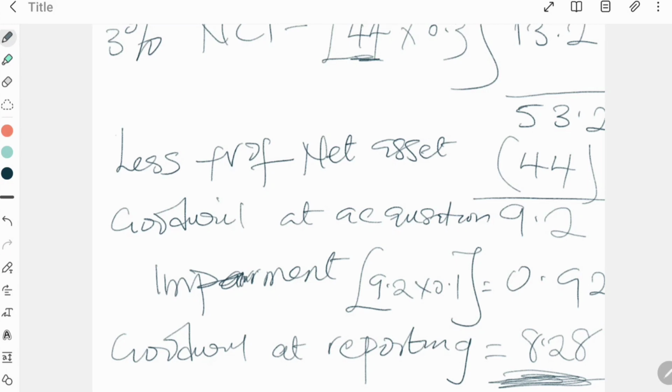That is why the selling entity cannot report goodwill in their financial statements. Goodwill only arises when you're making a sale, and you cannot evaluate goodwill as a selling entity.